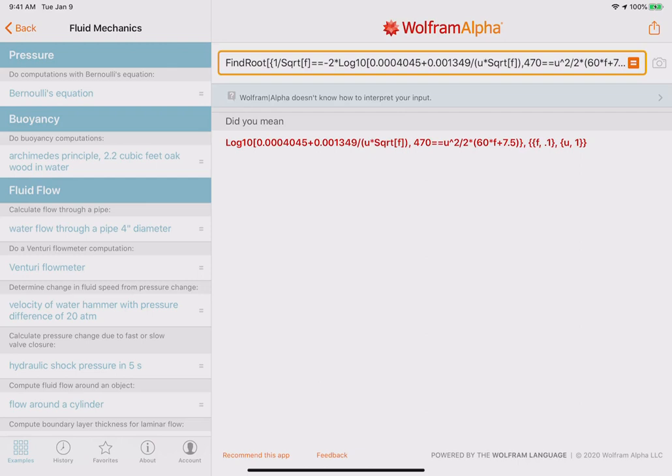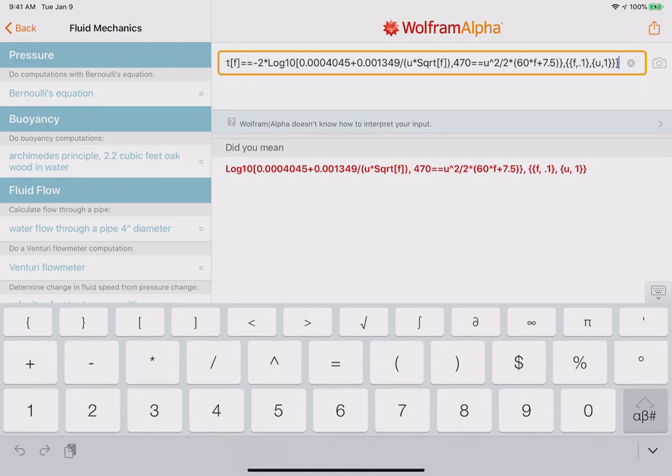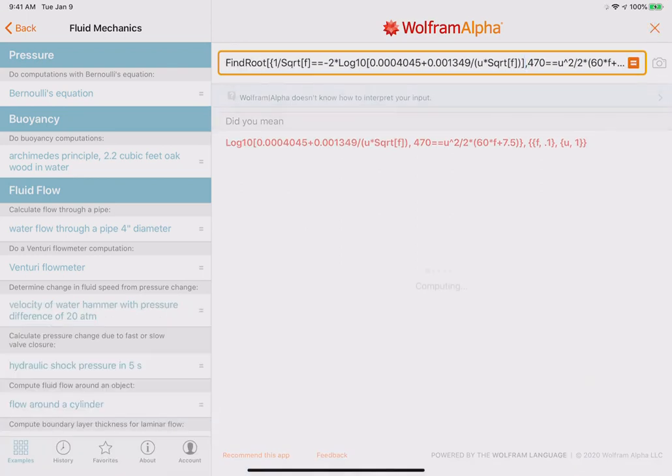Okay, and it looks like I messed it up again. Oh, and I see my mistake here instantly this time. I forgot to close the log 10.